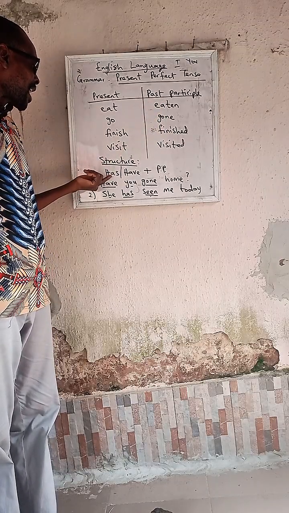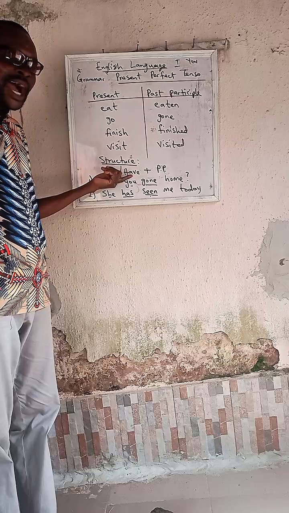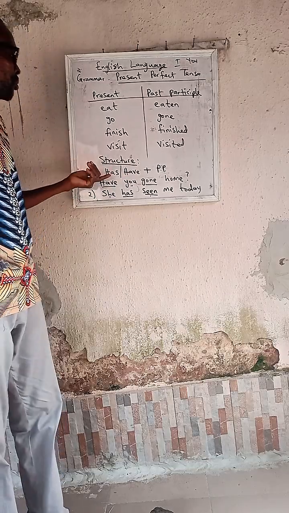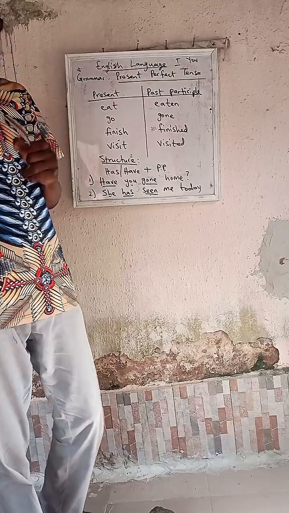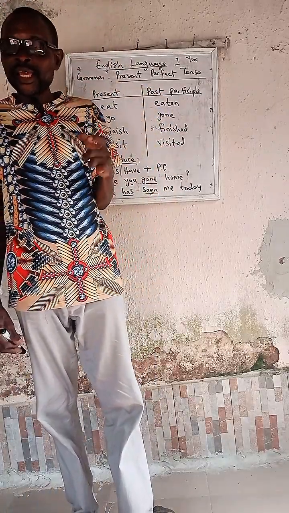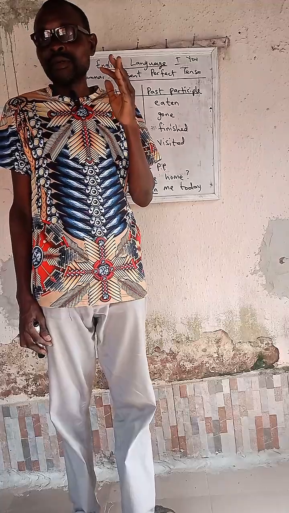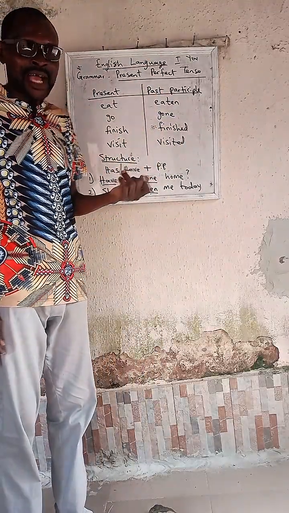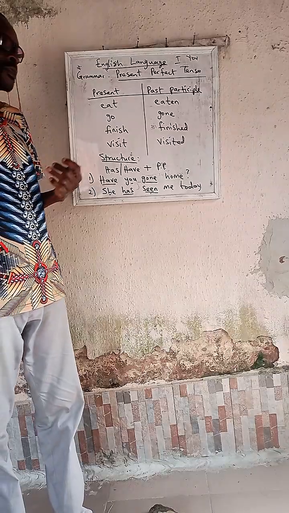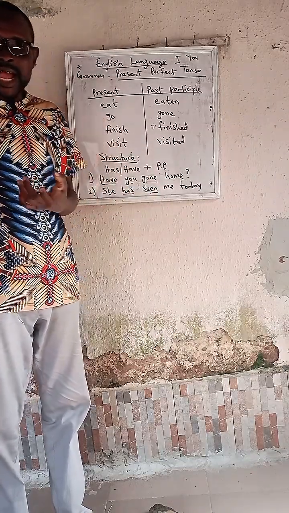When you make use of has or have, you make use of has when you're using the singular subject like he, she, it, or the name of a person. Sarah, so Sarah has gone. He has come.